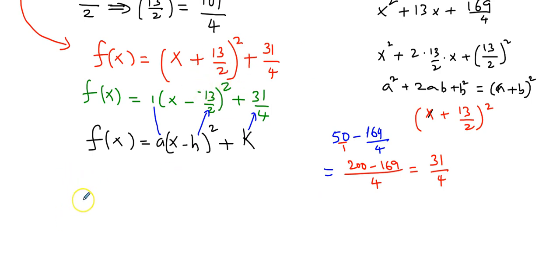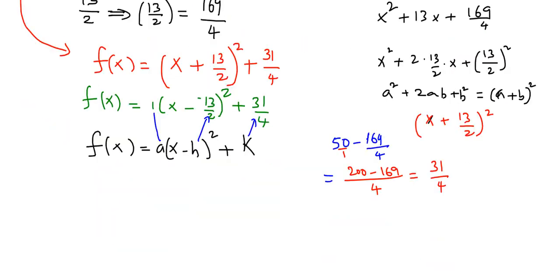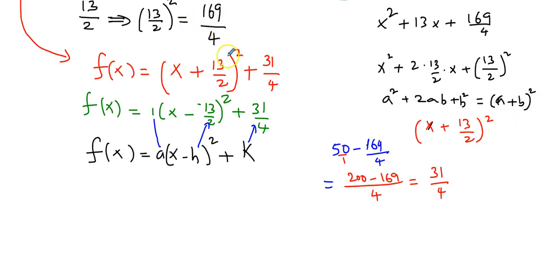We just have to be extra careful. Sometimes we end up making some silly mistakes, right? Anyway, a is equal to 1, h equal to negative 13 over 2, and k is equal to 31 over 4.